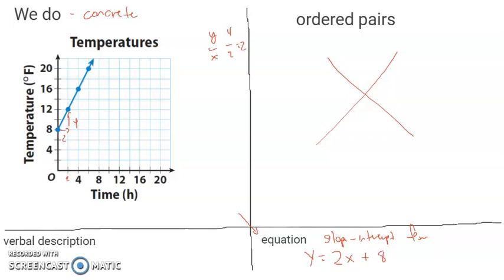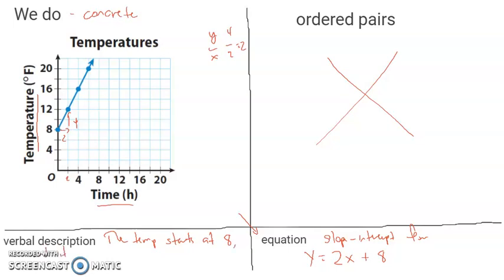So the only difference now is in my verbal description. I'm not just going to talk about x and y, I'm actually going to talk about temperatures and time. I'm going to say each hour, each 1 hour. Oh, no, I'm not. I'm sorry about that. I've got to start at my initial value. The temperature starts at 8, or has an initial value of 8 would be fine too.